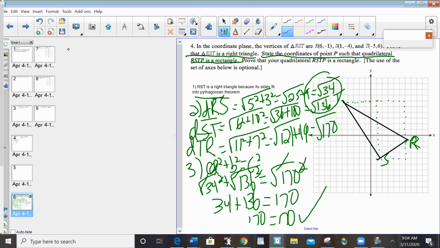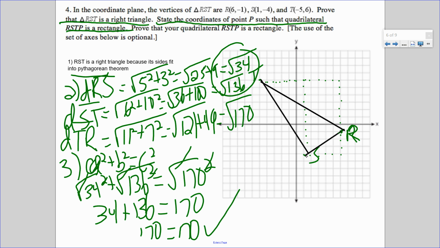Whatever I do to get from S to R is going to be the same thing from T to P. So from S to R is 1, 2, 3, 4, 5 and 1, 2, 3. So I'm going to go 1, 2, 3, 4, 5 and 1, 2, 3. That's point P. It says to state the coordinates. That's 0, 9.